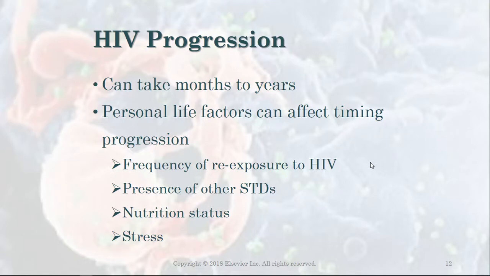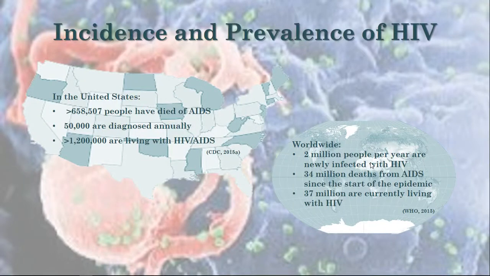So the incidence and prevalence of HIV in the U.S.: greater than 658,000 people have died of AIDS. 50,000 are being diagnosed annually. 1.2 million are currently living with AIDS, according to data from the CDC in 2015.